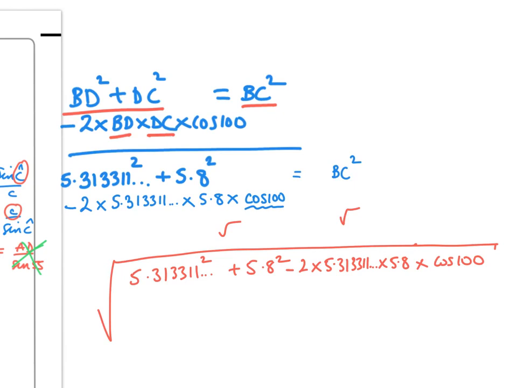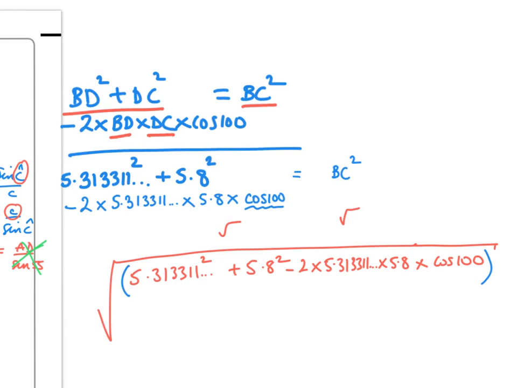So let's do this slowly here. I think I'm starting by putting this in first. I'm not going to do a square root sign first. I'll do to the power of half afterwards, or keep it as ANS and then do square root ANS. So I've got 5.3133 and so on sitting in my calculator, so I'm going to square that first, then add the 5.8 squared to it. So let's have a look.